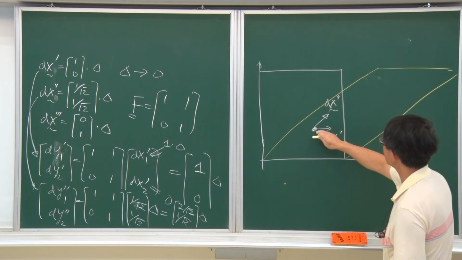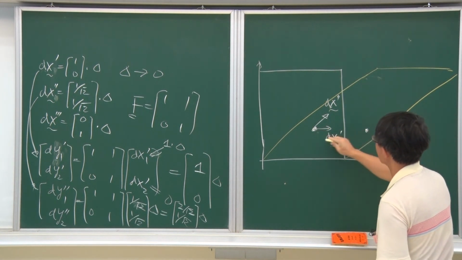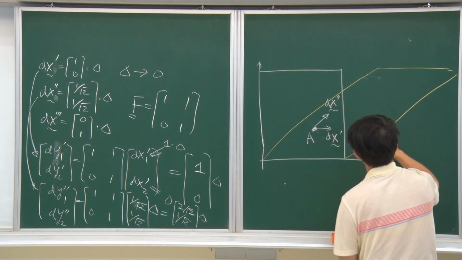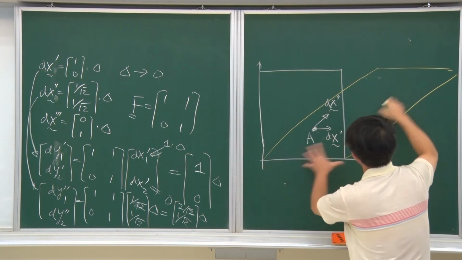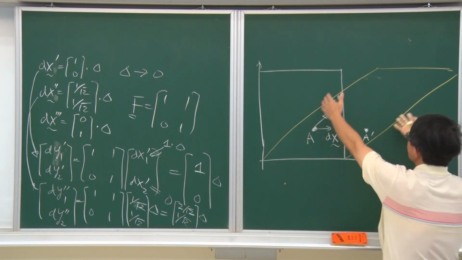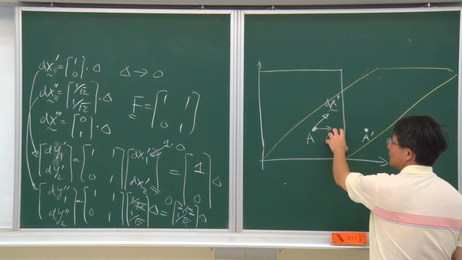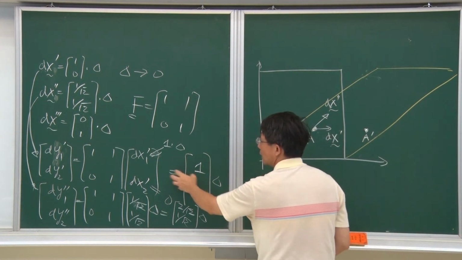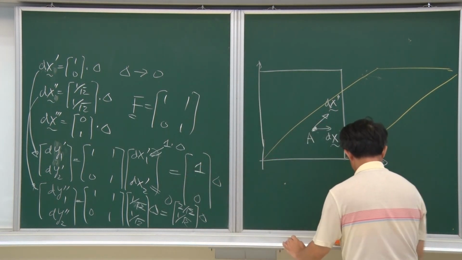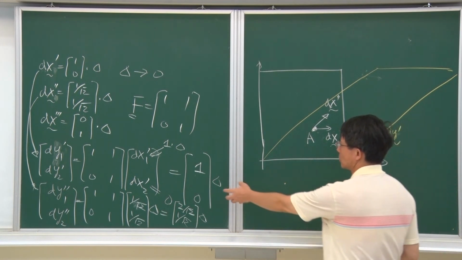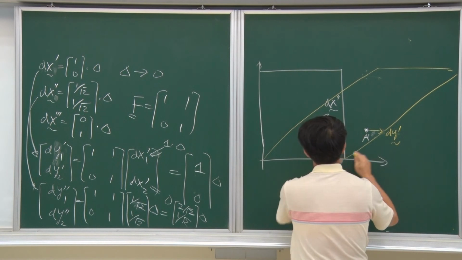So this point A becomes here. 在一个新的变形里面，它就在 A prime 了。This point will be deformed into here. Our understanding is that it is still in the horizontal direction, according to this result, because of the 1, 0 here.